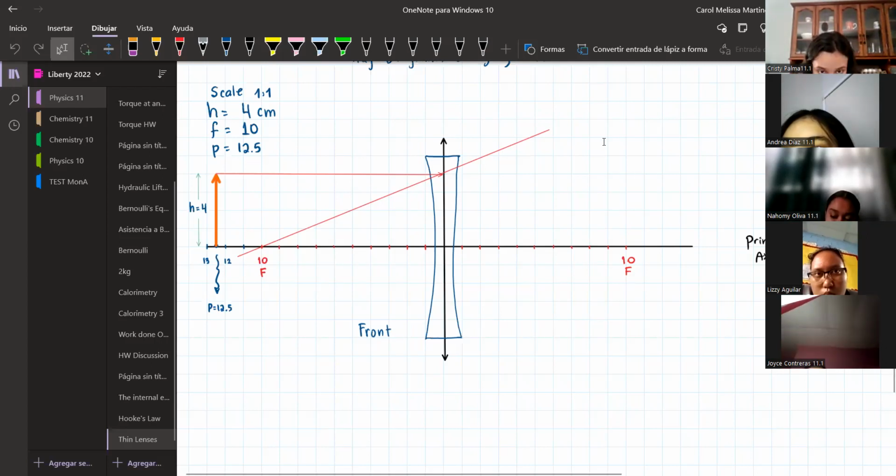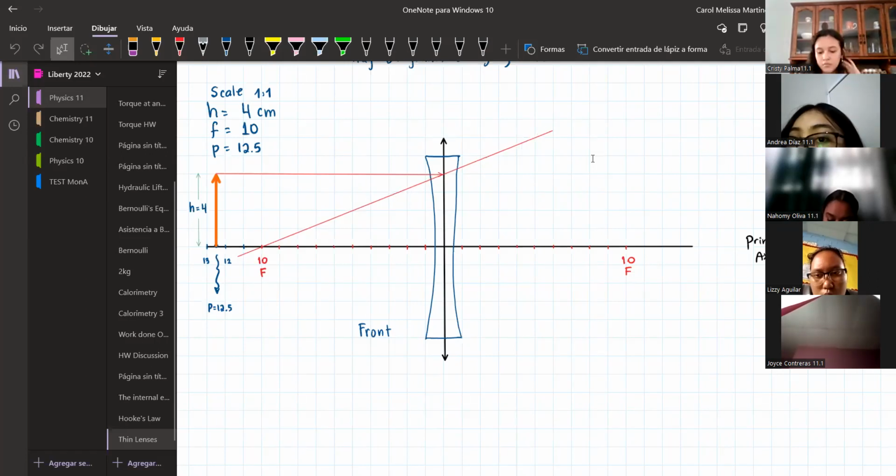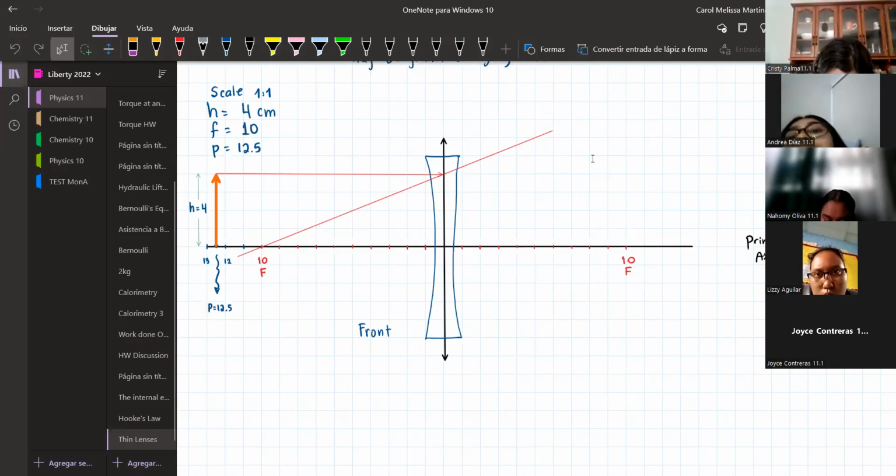Wait. Ok, ahí sí. Ahora sí lo voy a quebrar. Okay, let me use the eraser to make that dash line. Okay, that is the first ray.